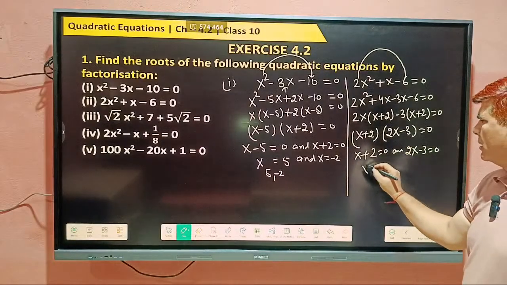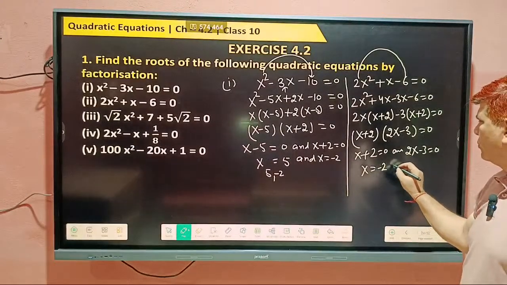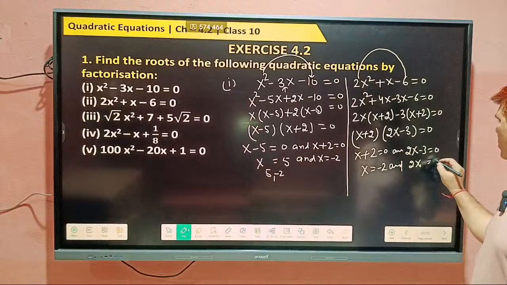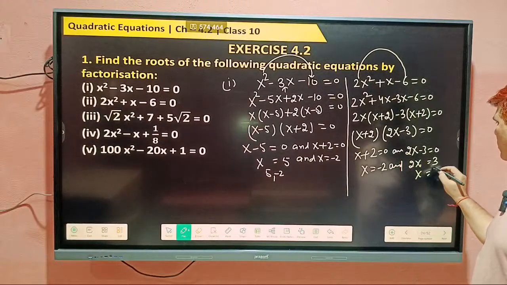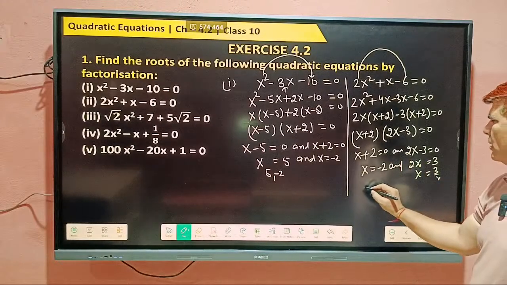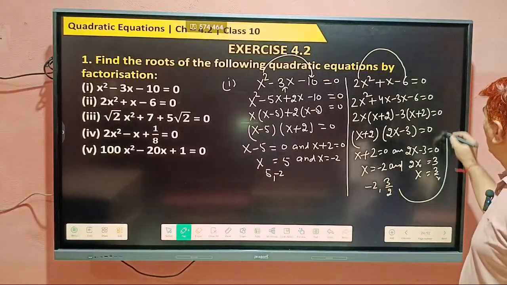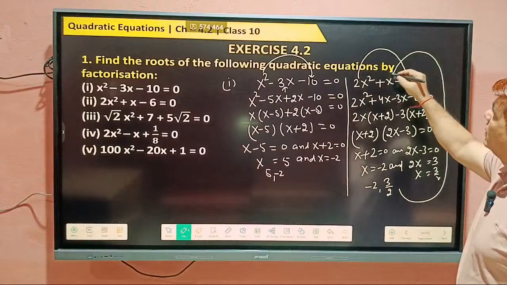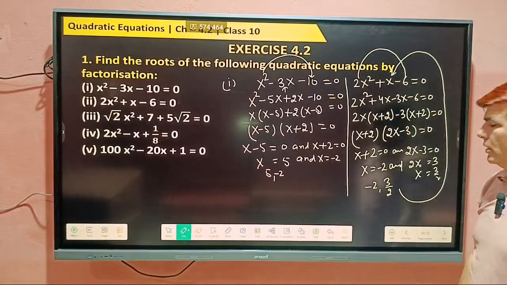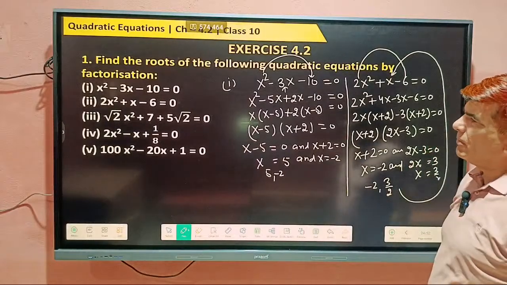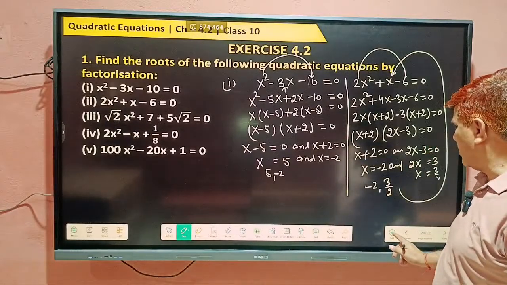So x equals minus 2, and 2x equals 3, so x equals 3 by 2. Minus 2 and 3 by 2 are the roots of this quadratic equation. These are very easy. I'm telling you one by one.